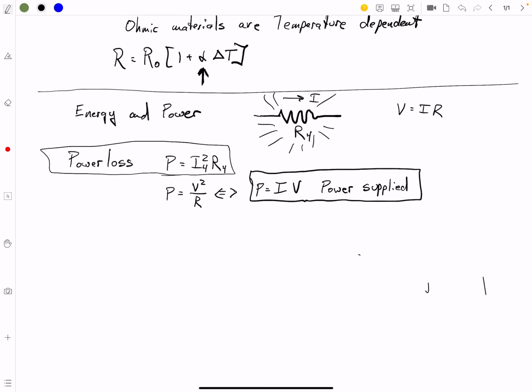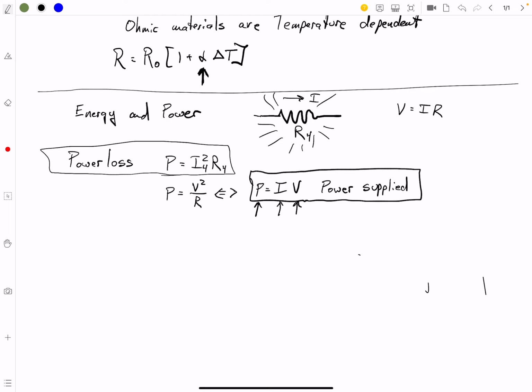So we're given a voltage, we've got a source of voltage, we've got some current flowing I, which we can do all the calculations, figure out what I is, and our power supplied then is that current times the voltage.